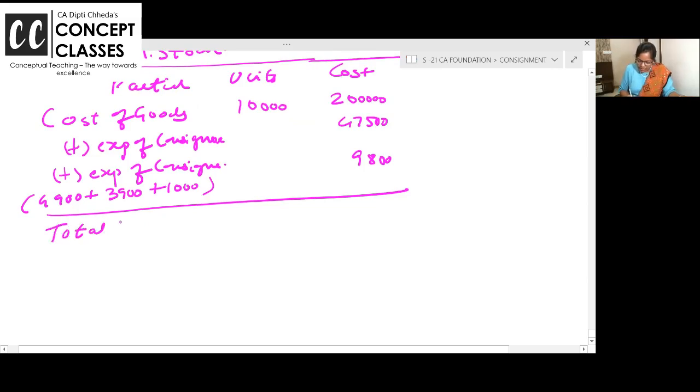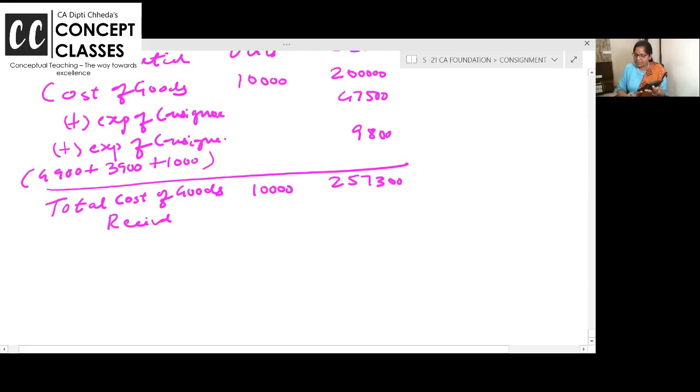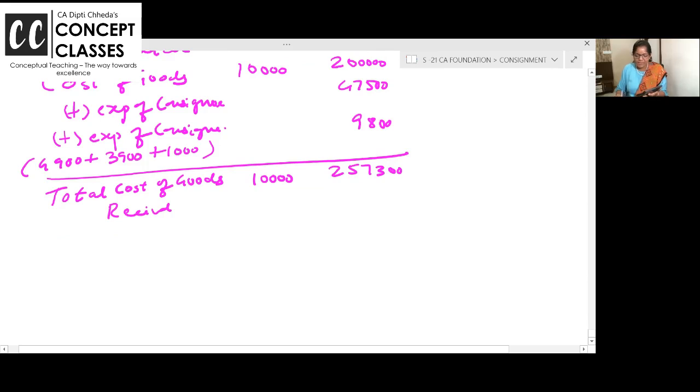So total cost of goods received: 10,000 units, $257,300. Now 10,000 में से 7,500 units are sold in cash and credit.